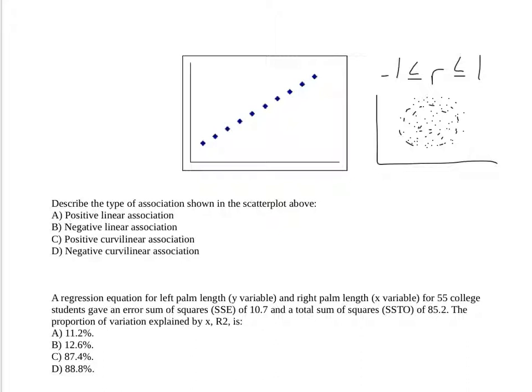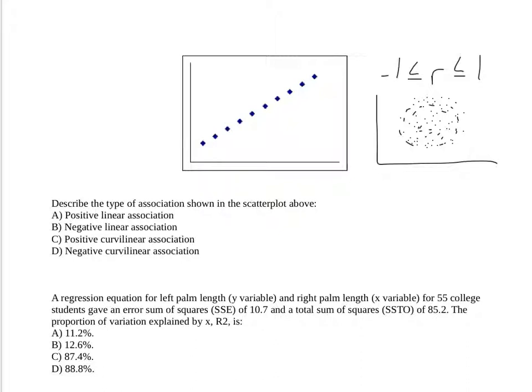I can't think of a good example right now, but I hope you see my point, that if you have an r of -1 or +1, all your points can fall perfectly on one line.